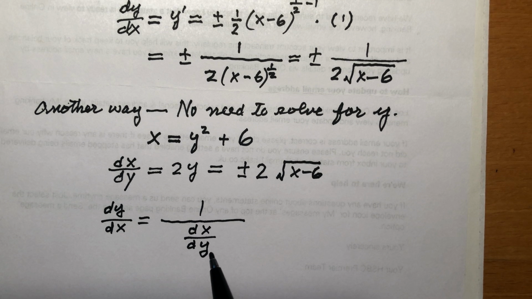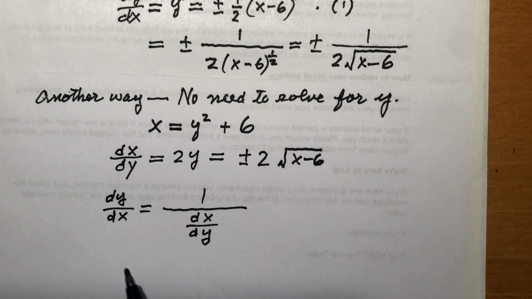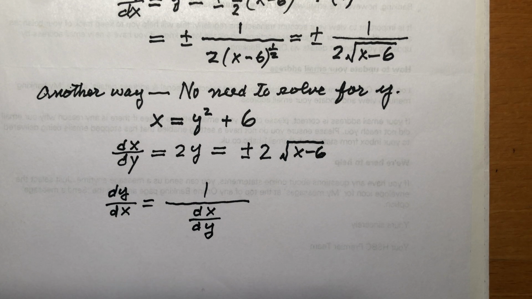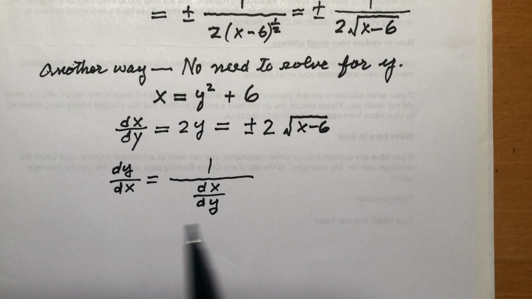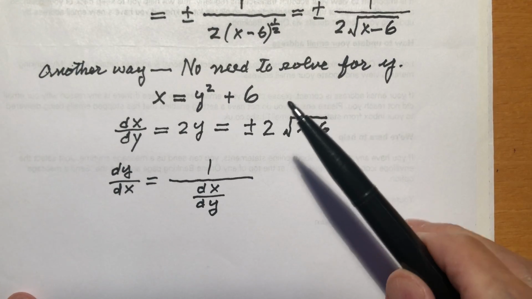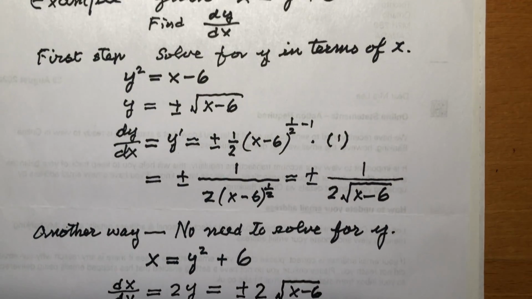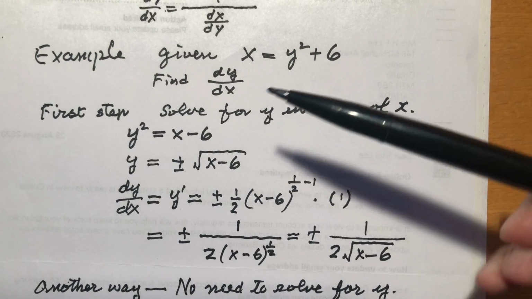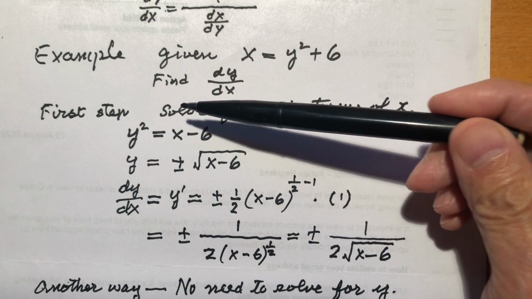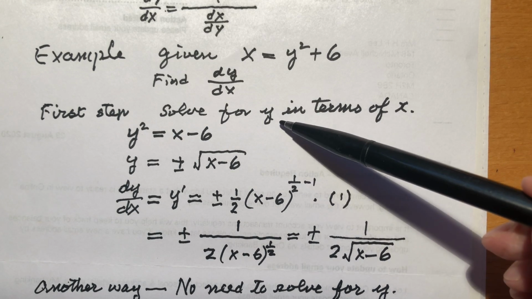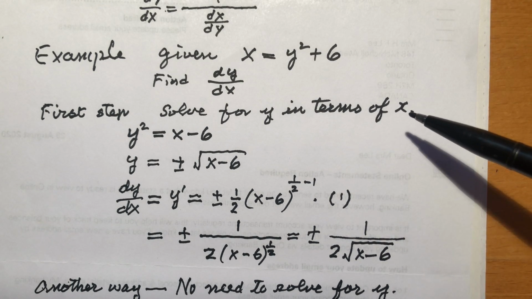This relation is very useful when dy by dx is difficult to find, but dx by dy is easy to find. So this is particularly useful, especially when the first step is not practical. What is our first step? First step is to solve for y in terms of x.